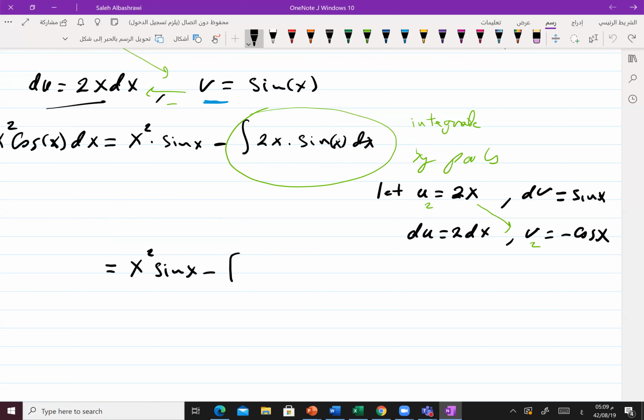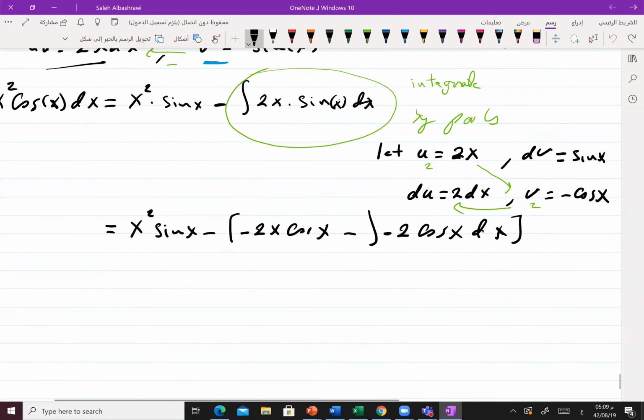I will have minus 2x multiplied by cosine x minus integration of minus 2 cosine x dx, because I have 2 with minus cosine x.